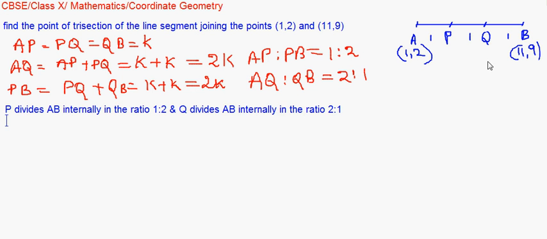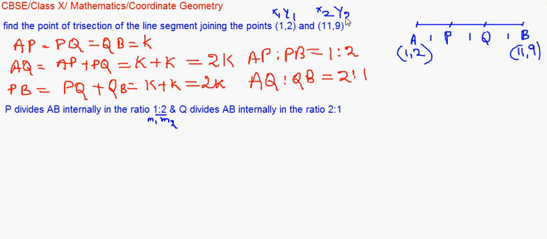Now what are the coordinates of P? I will be applying the section formula. P has this ratio 1:2, so I'll assume this to be m1, this as m2. On the other hand, this one will be x1 y1 and this becomes x2 y2.